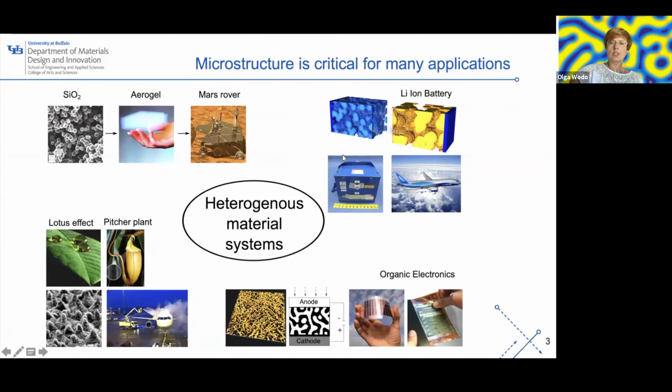But microstructure, or the structure of the material, has much more applications. This is some of them. So this is the aerogel that is made from really small silica particles. And the volume fraction of particles to the entire volume of the material is really, really low. It's less than 1%, right? Even though the volume fraction is so low, the properties are still relatively good.